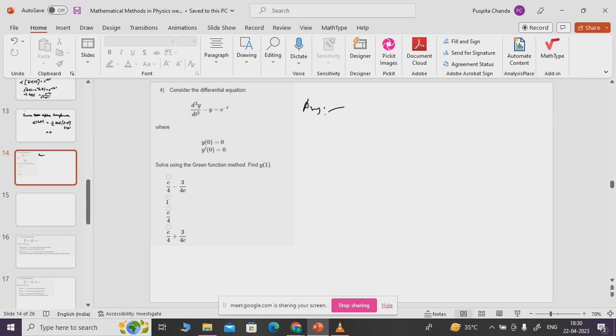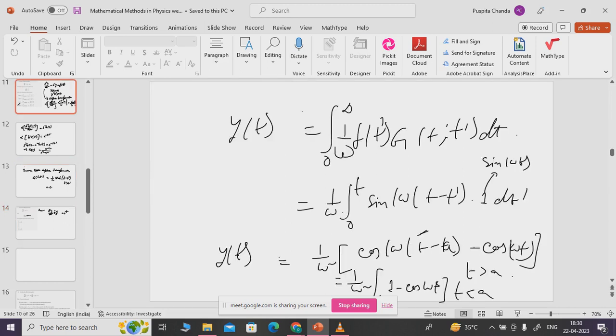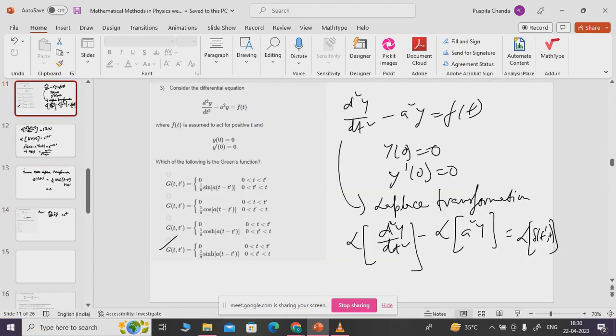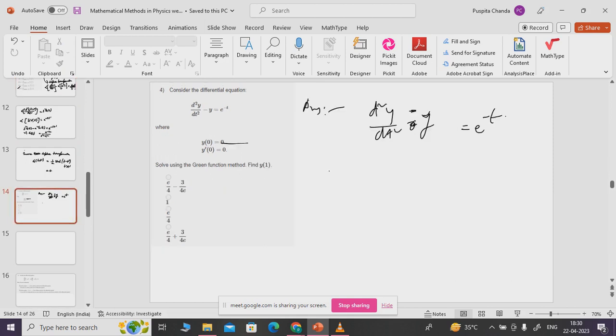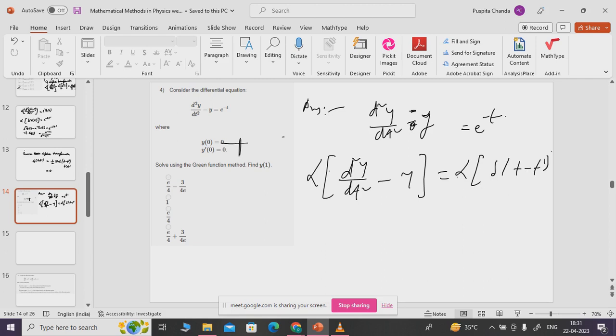Now we need to again apply those things. Here it is d square y dt square minus y is equal to e to the power minus t. So Laplace transformation, and the boundary conditions are the same, so d square g dt square minus g is the Laplace transformation of delta t minus t dash.